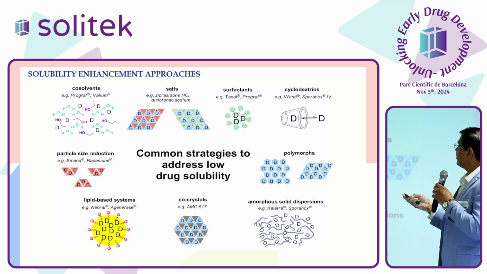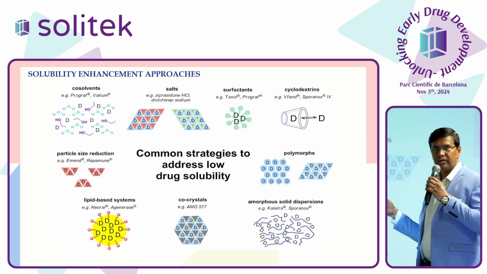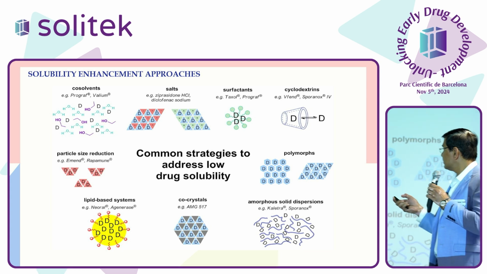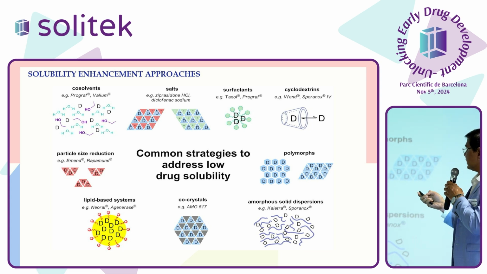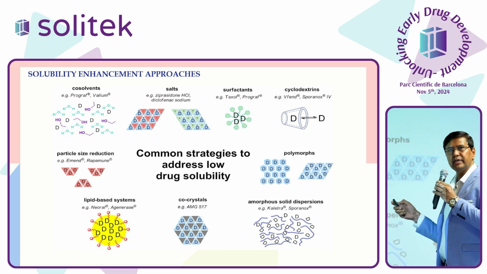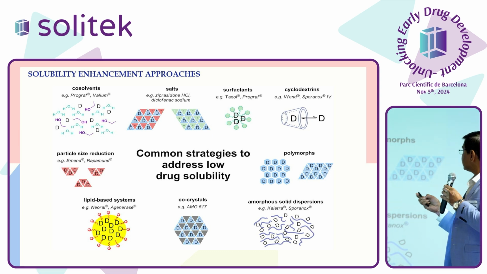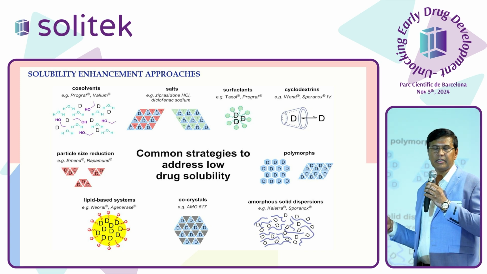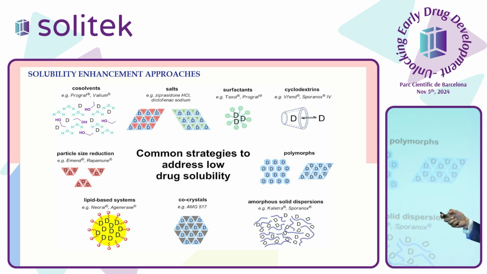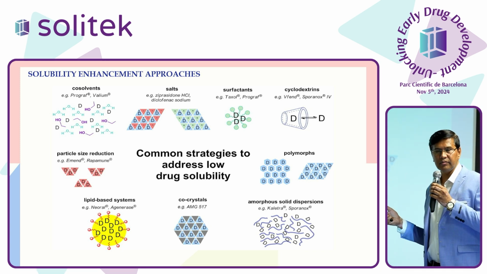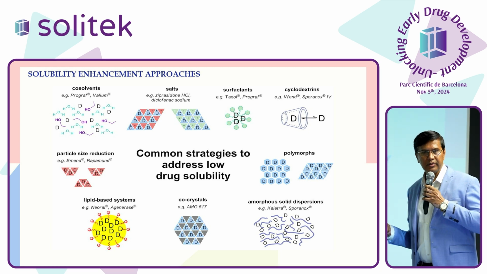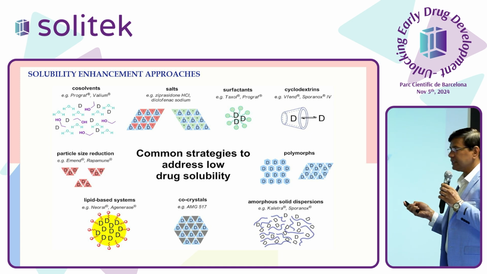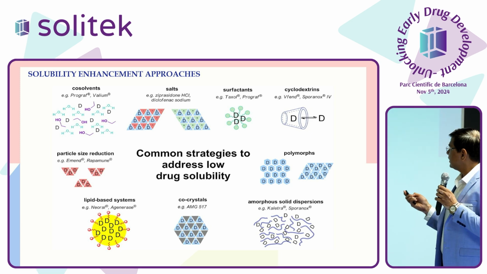Then salts, such as diclofenac, and various salts like hydrochloride, phosphate, or zinc sulfate. You can use salts and get solubility enhancement and also good permeability. Next is surfactants, for example sodium lauryl sulfate or different Tween 80s. It depends on the characterization of the drug molecule and the compatibility, and based on that you can decide which surfactant to use. There are cyclodextrins, like hydroxypropyl beta cyclodextrin, that you can use.